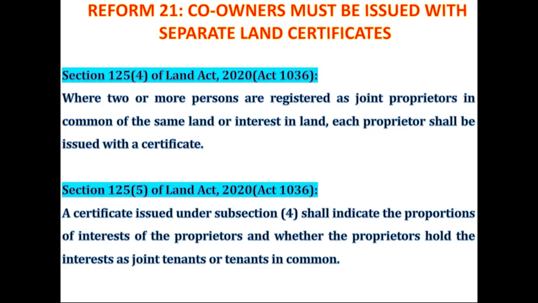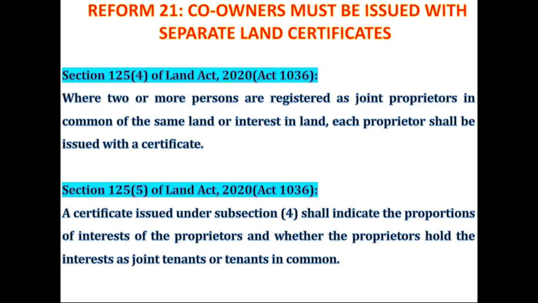Look at Section 125, Subsection 4 of the Land Act of 2020, Act 1036. It reads as follows, and I quote, where 2 or more persons are registered as joint proprietors in common of the same land or interest in land, each proprietor shall be issued with a certificate. Each proprietor shall be issued with a certificate.